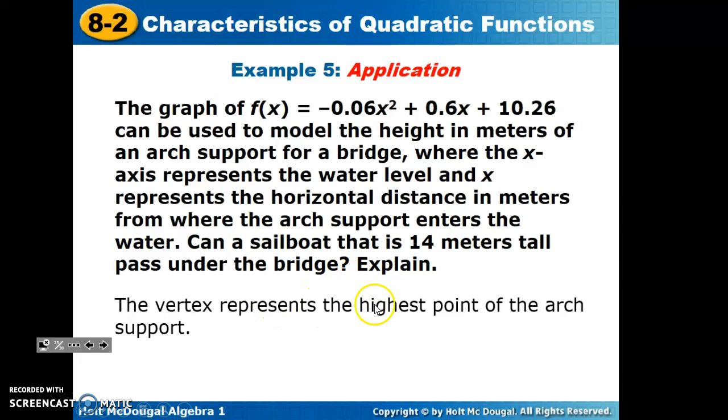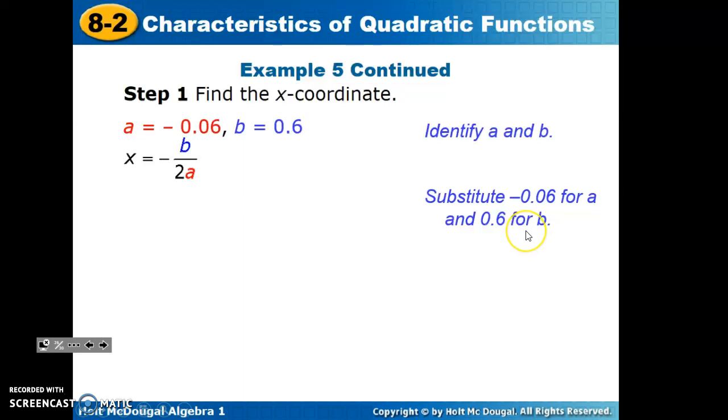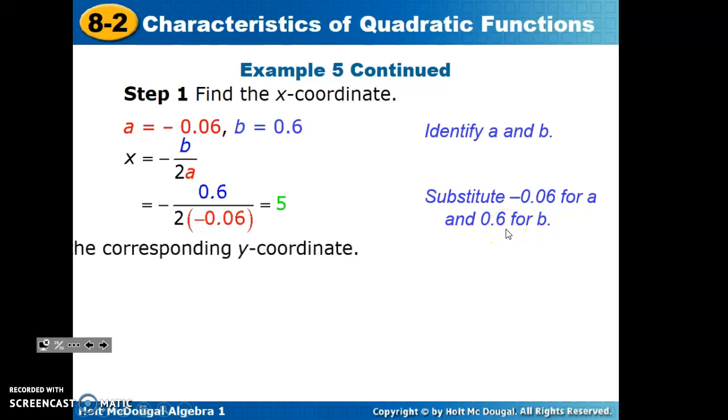The vertex represents the highest point of the arch support. Find the x-coordinate, identifying a and b. If we plug that into our handy-dandy formula, we find the value 5. This is our x value, or the equation for the axis of symmetry, x equals 5.